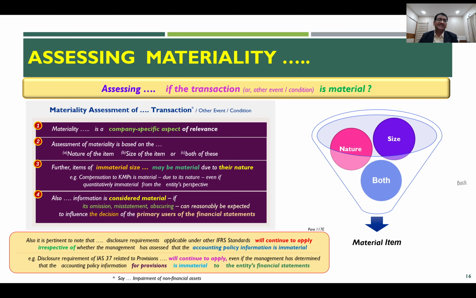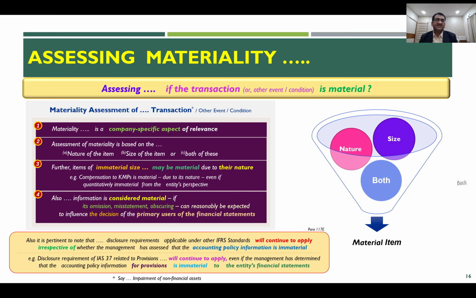But that does not mean the other requirements go away. Say, for example, disclosure requirements under Ind-AS 36 or IAS 36 dealing with impairment will continue to apply. Those are not supplanted by the requirements of the amended IAS 1 or Ind-AS 1. Right? So those will continue to apply.